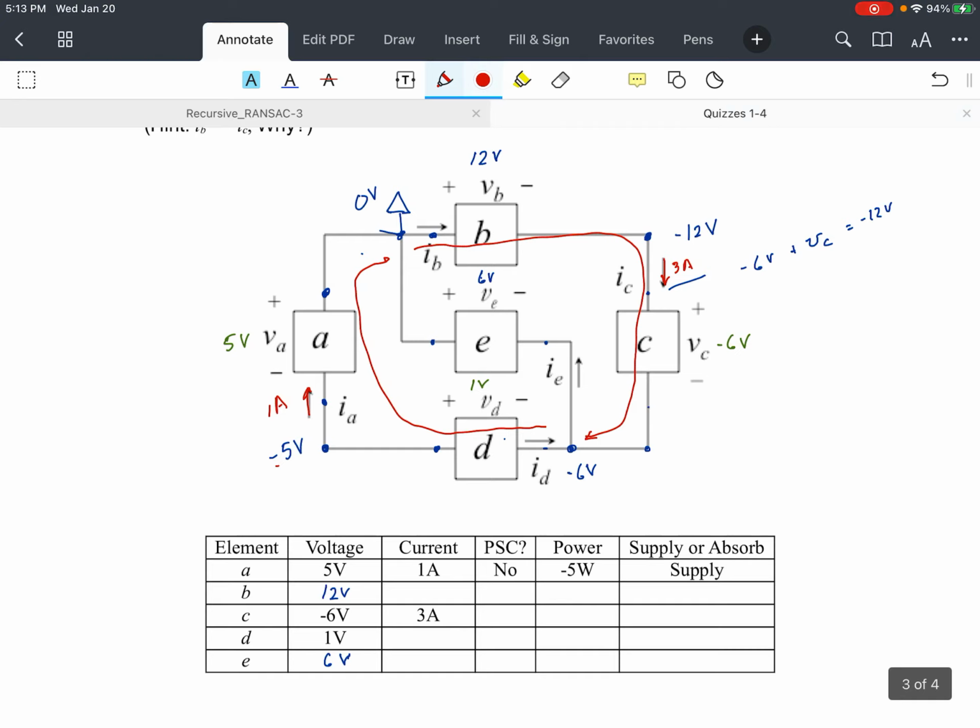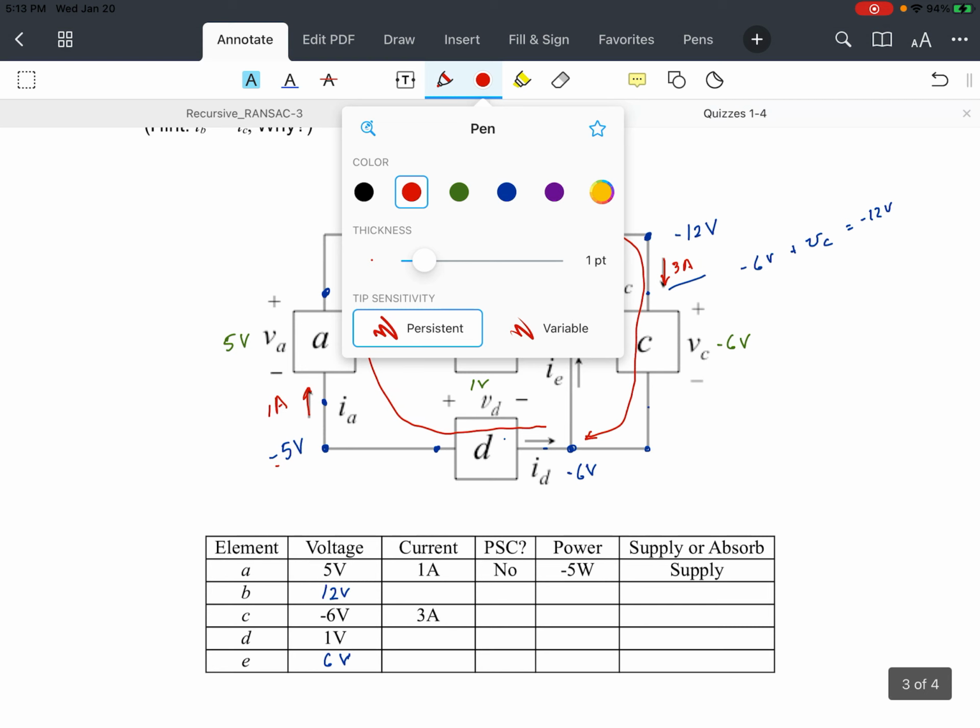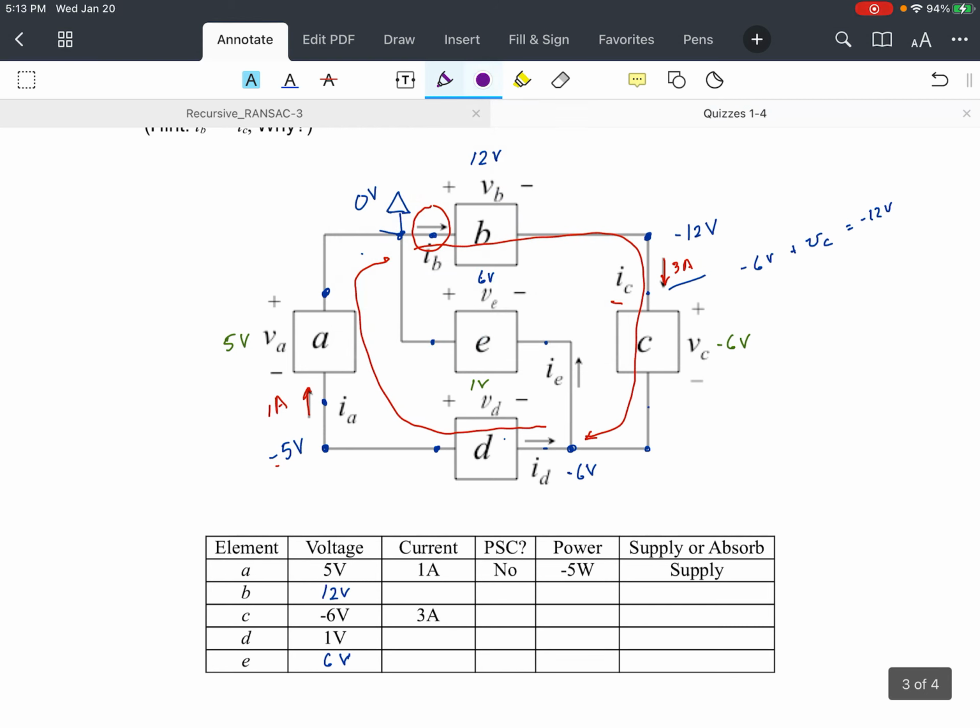Okay, since IB here is flowing in the same direction as IC, and they have to be the same current, IB has to equal IC, which is 3 amps. So IB is going to be 3 amps.